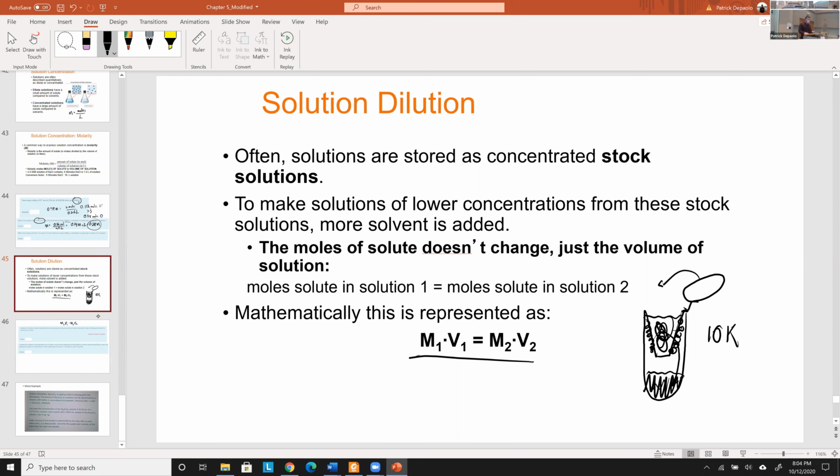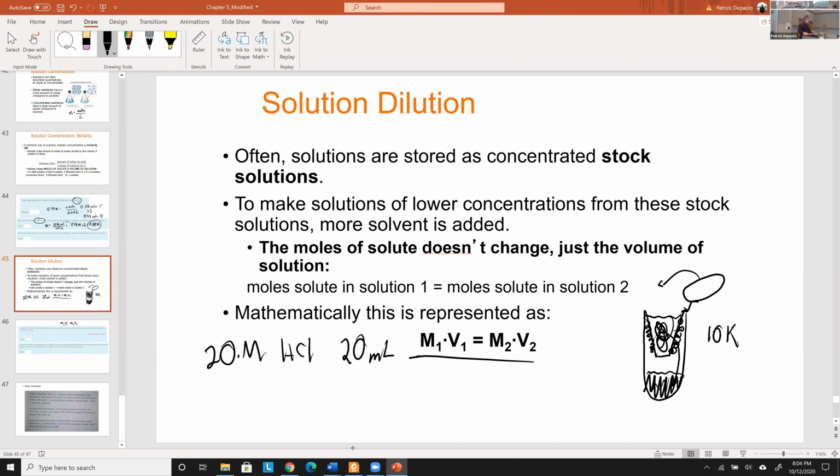we'll do an example with M1V1. So let's say you have, we'll do the example I said for, let's say, a Gen Chem lab. Let's say you have a 20 molar HCl solution, and you have 20 milliliters of it.